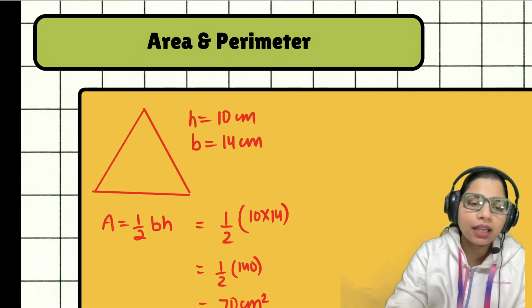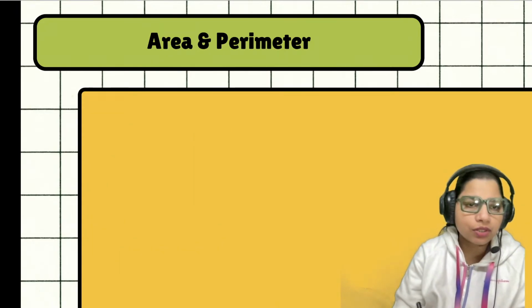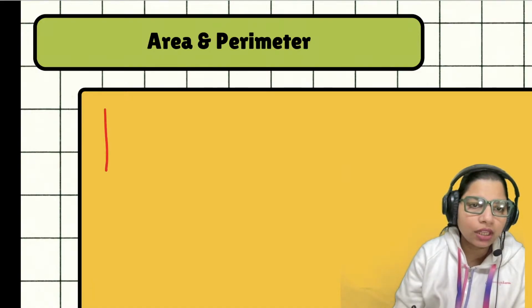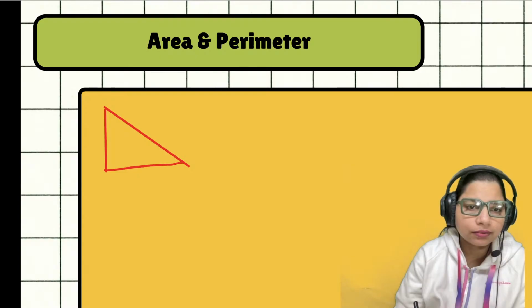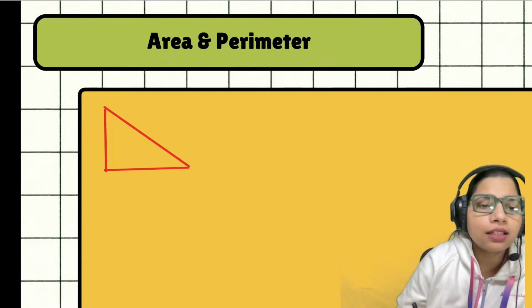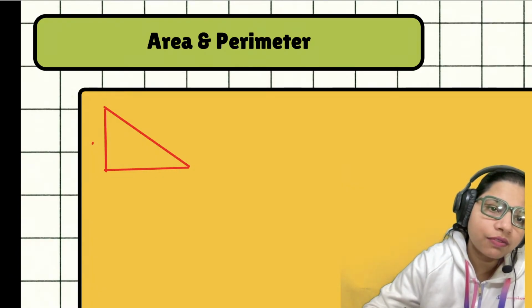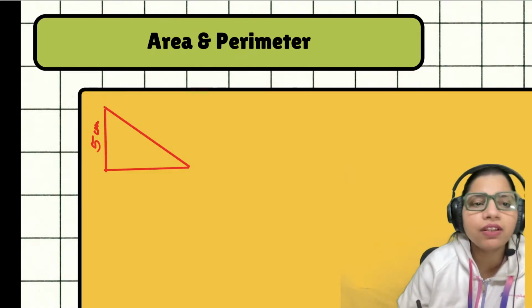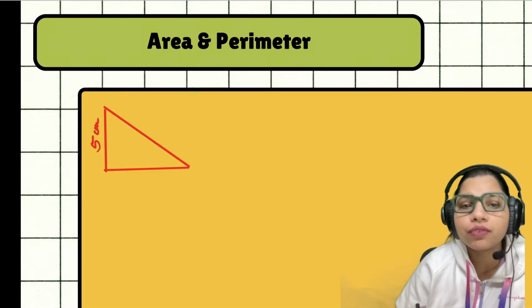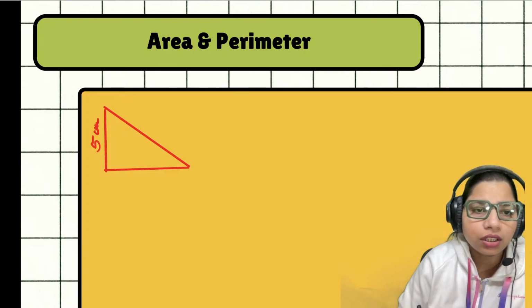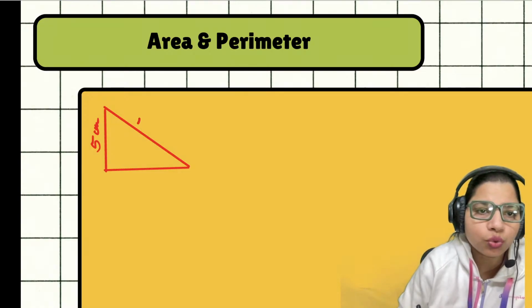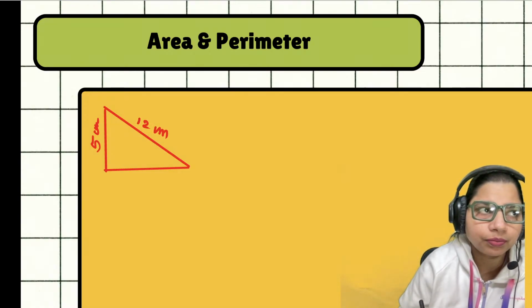Sometimes we also get odd shapes, something like this. Maybe if you get a right angle triangle like this, and this is given to you as 5 centimeters. They are not giving the height, they are giving the lengths of sides. 5 centimeters, maybe 12 centimeters.